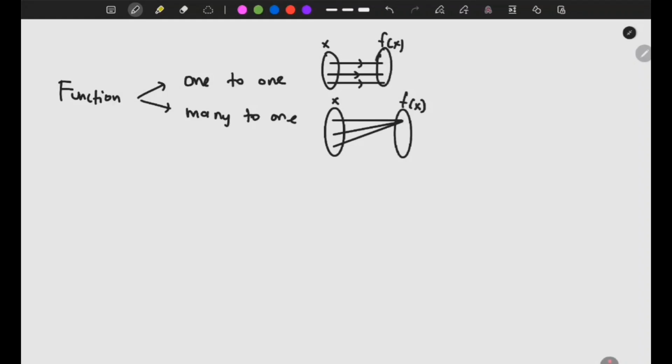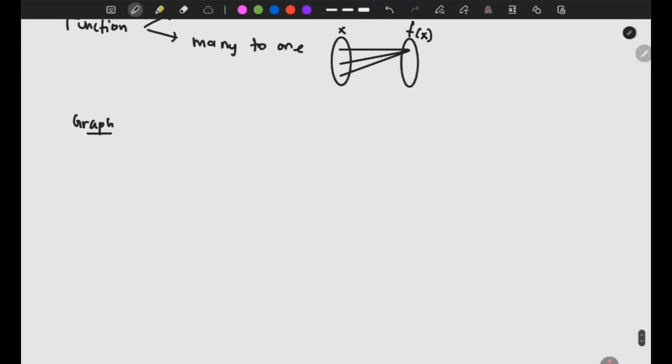So this is how they represent it in an arrow diagram. So this is function. And remember, if they give you a graph, you actually can identify whether it's a function or not through the vertical line test, isn't it?